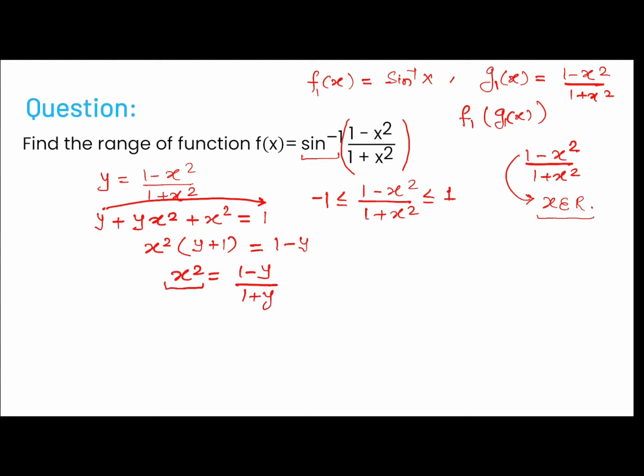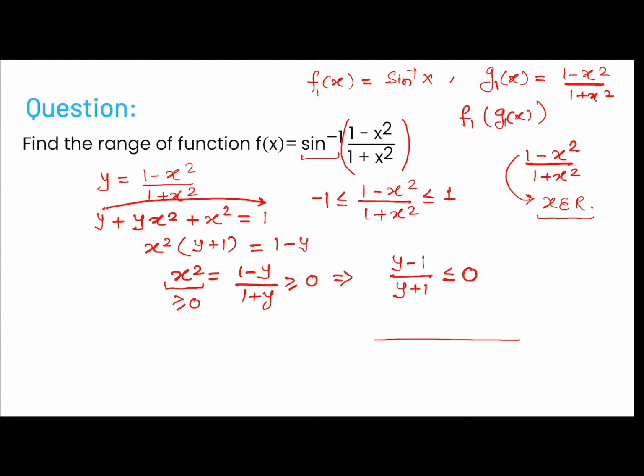We know that x square is always greater than or equal to 0. So we can say this is also greater than or equal to 0. So y minus 1 divided by y plus 1, we have multiplied by a negative sign, so we have to alter the sign of inequality.